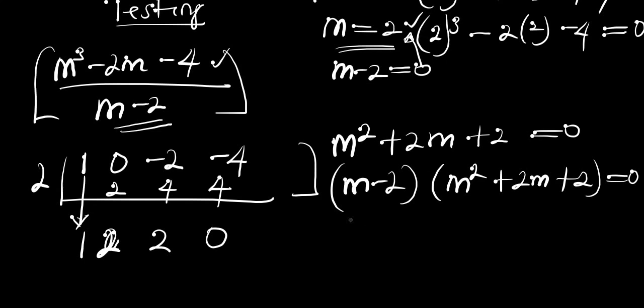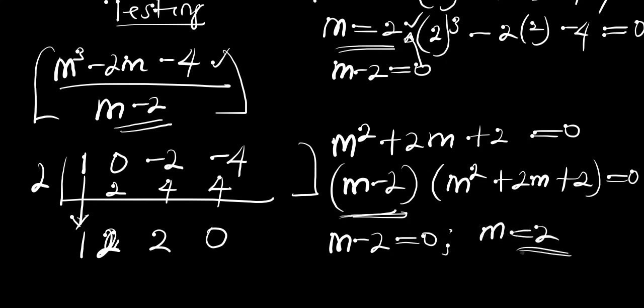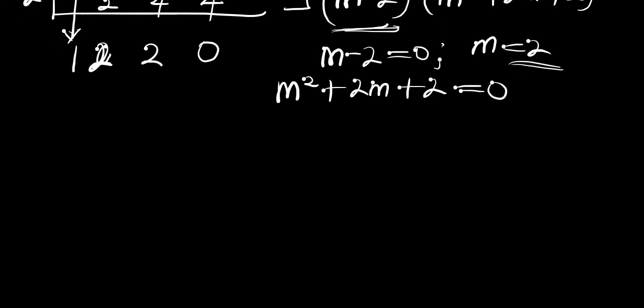Now, the first one has already been solved. We have m minus 2 equals 0, that means m equals 2. That has already been solved. The second one is m² plus 2m plus 2 equals 0. So we are going to solve this right now. This is a quadratic equation, and we make use of the quadratic formula.